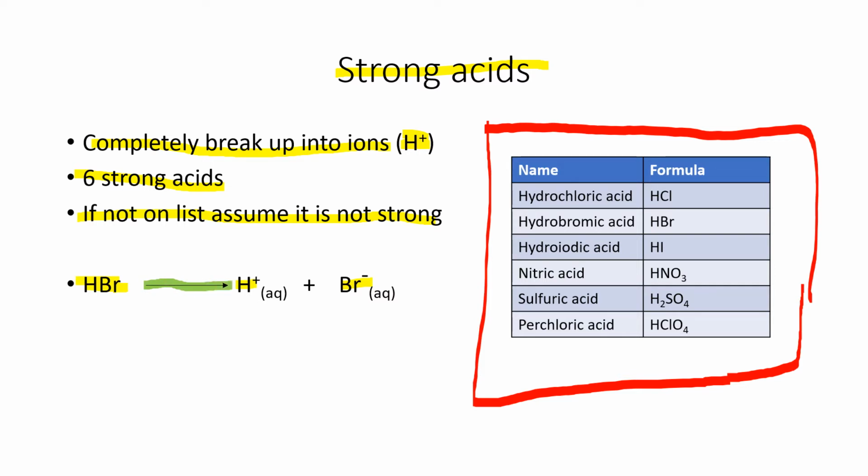So these strong acids are going to produce a lot of ions. If you started with 100 units of HBr, all 100 units of them are going to break up into 100 H plus units and 100 Br minus units. You have that complete breakup, so you're going to produce a lot of H plus ions from these strong acids.